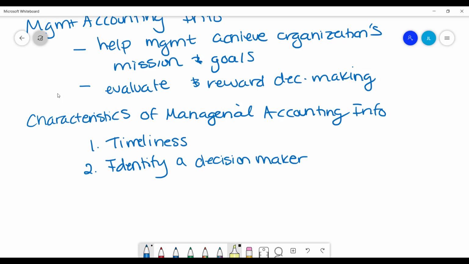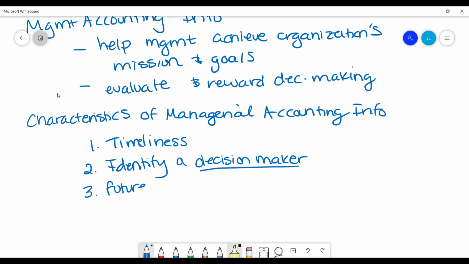It has a general purpose, meaning it doesn't matter who uses that financial report, it's up to them how they use it, right? We don't tailor it to any specific person. But with managerial accounting information, depending on the person, they need specific information so that they can make decisions and fix issues. Okay, so it's important with managerial accounting information, you identify who's the decision maker. Who is it? Okay, well, it's this manager over in this department. Okay, now let's get the right information to them.